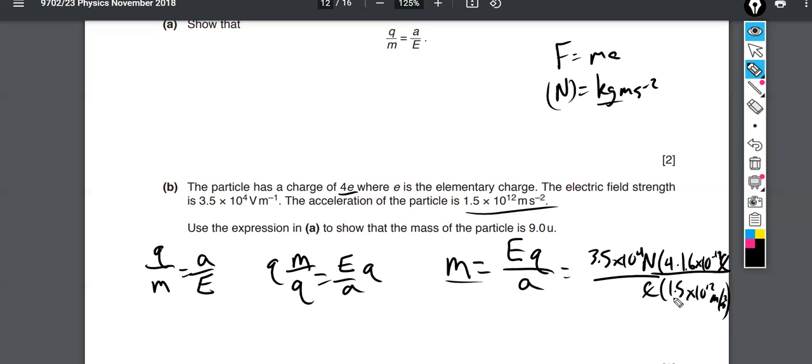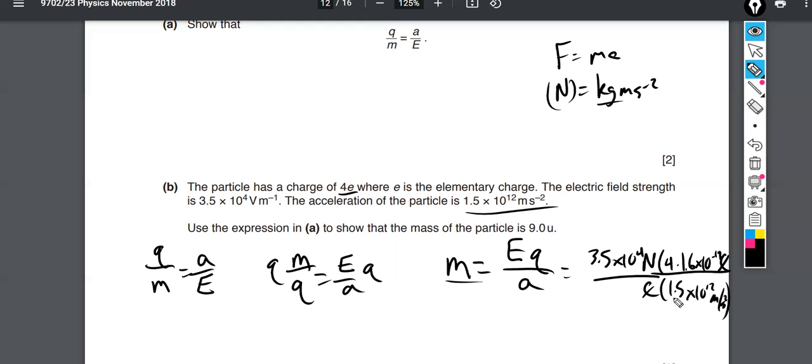All right, so 4 times 1.6 times 10 to the negative 19 is going to be what? 4.8 by 10 to the negative 19. No, .6 by 10 to the negative 19 times 4, 6.4 by 10 to the negative 19. I was thinking 3, come on.